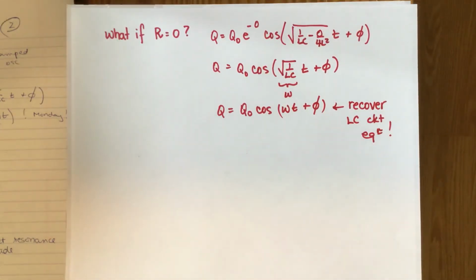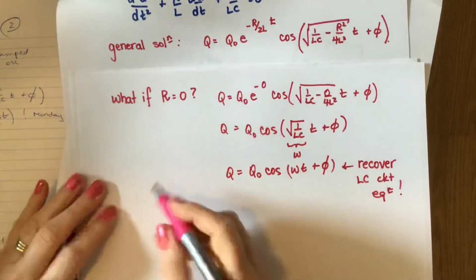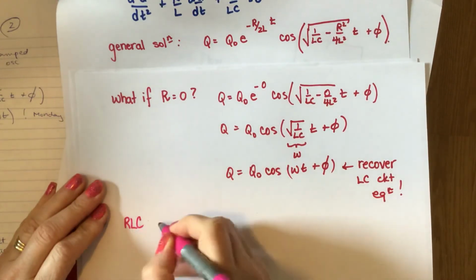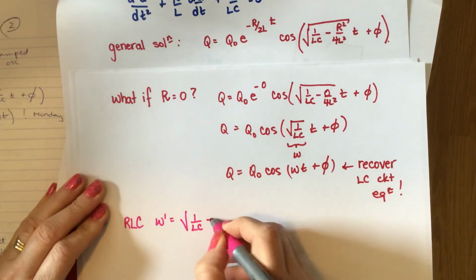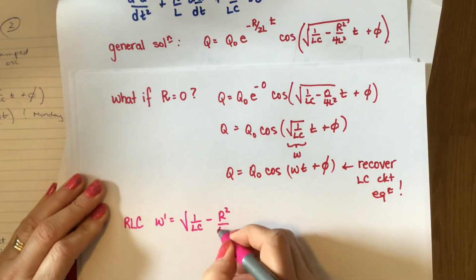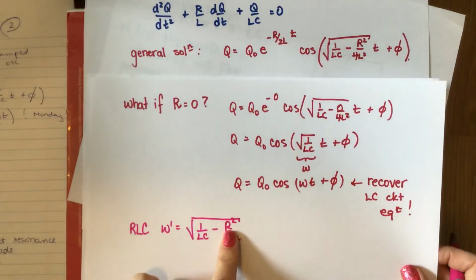And then the next part is, what about the frequency of oscillation? For the general solution, for the RLC circuit, the frequency of oscillation is the square root of 1 over LC minus R squared over 4L squared. It's different because of the resistance.